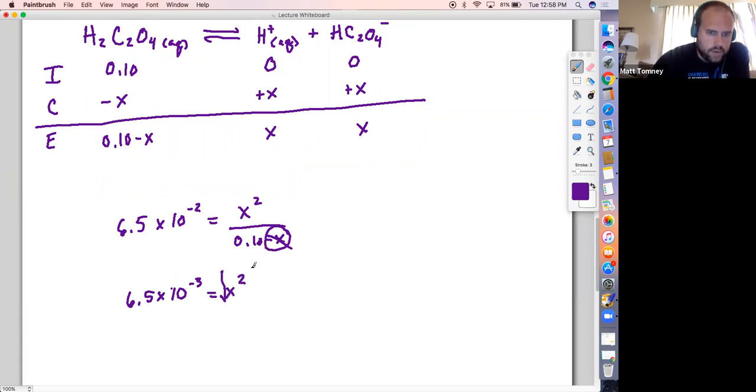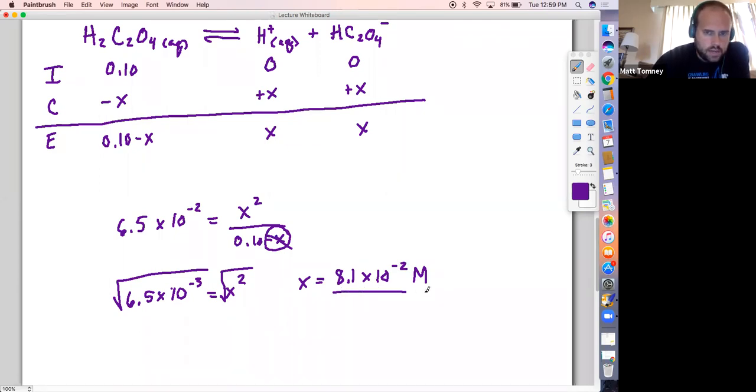So now I can get rid of this square root. And if I solve for x, x is going to be equal to 8.1 times 10 to the minus 2 molarity. So the question is, does this follow the 5% rule? It may not, because minus 2 is a fairly large number relative to that 0.1. So I have doubts here.